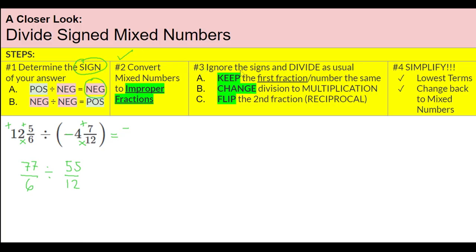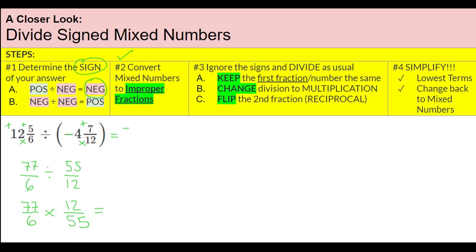Step 3. Let's divide. Keep, change, flip. So we're going to change this to 77 over 6. That stays the same. Keep, change the division to multiplication, and then flip it: 12 over 55. All right, and then we're going to multiply.